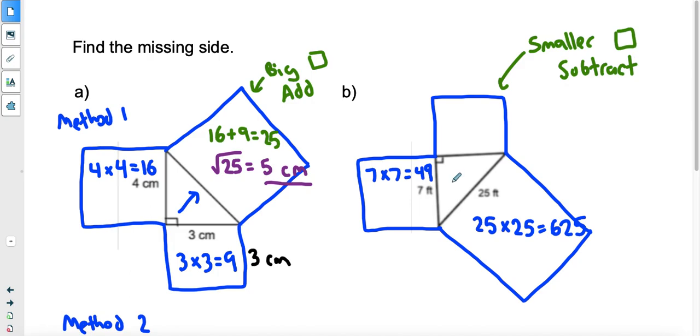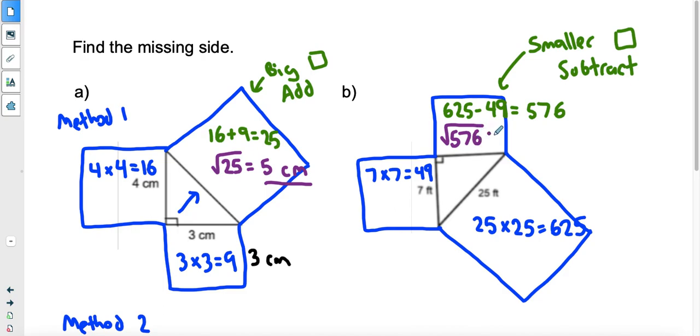So if we subtract the areas, 625 minus 49, we get 576. And remember, to find the length of this side, we just need to take the square root of 576.